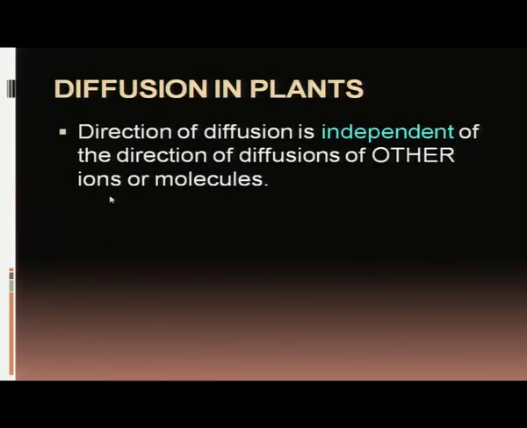This is what I was talking about, that the direction of diffusion is independent of the direction of diffusion of other ions or molecules. Suppose 2 or 3 ions or molecules are being diffused. The direction of diffusion of one molecule or ion will be totally independent of the direction of movement of other ion or molecule. It will depend only on its own concentration.